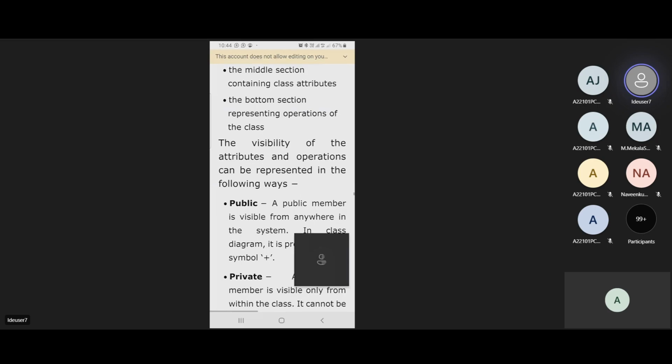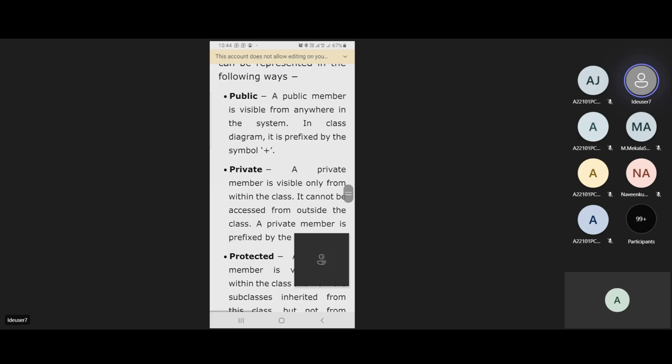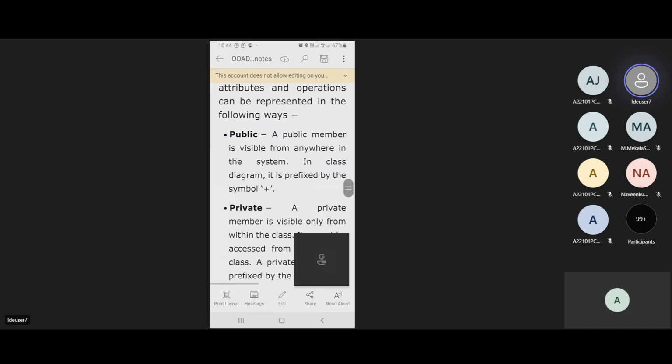We know the accessibility of the members of a class: public, private, and protected. Public means you can access these members of the class from outside, denoted by a plus symbol.